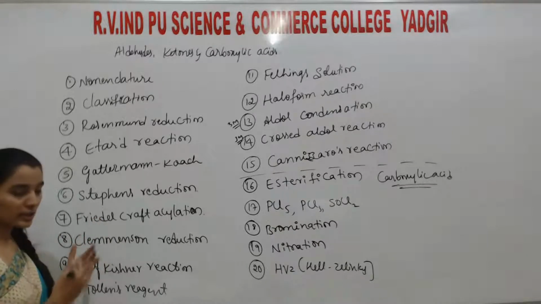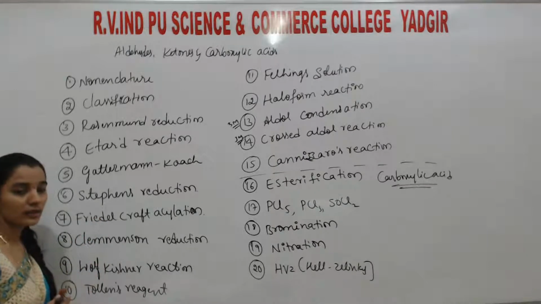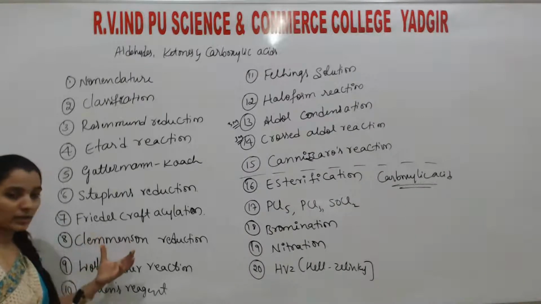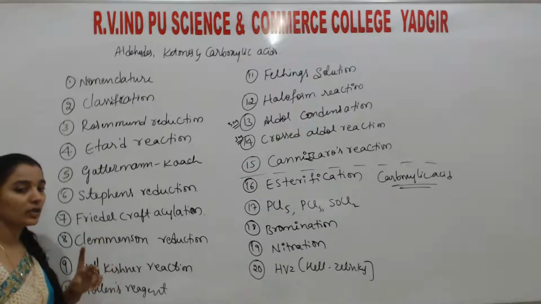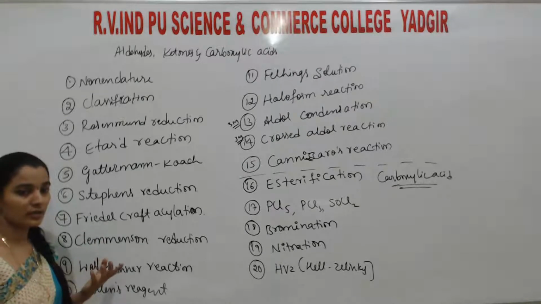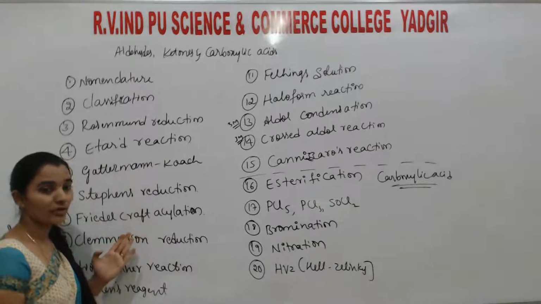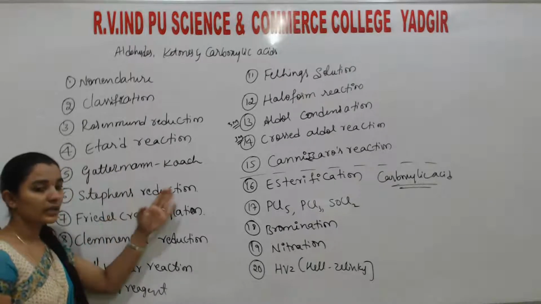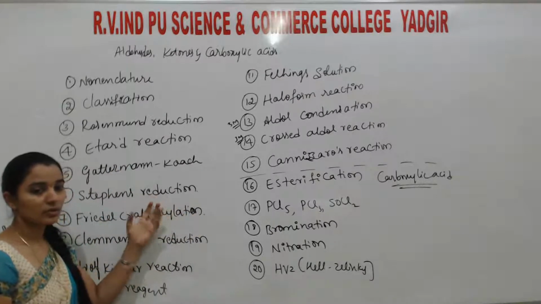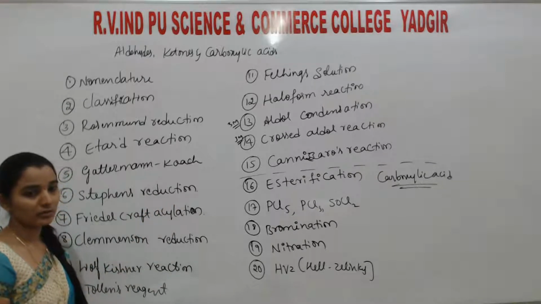The reagents they will give, products they will give. So you need to identify the reactant or the name of the reaction. The name of the reaction carries, as I told you, 1 mark. So these reactions may be asked for 3 marks, like explain the reaction, do so and name the reaction.